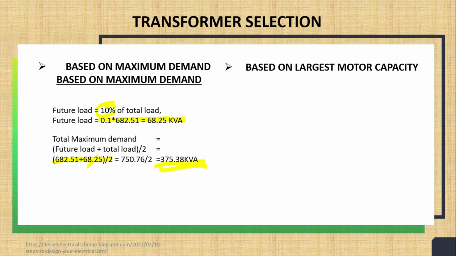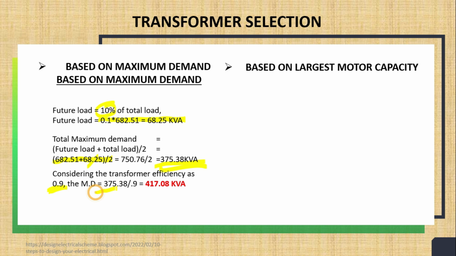375.38 kVA. Now we all know that the transformer has an efficiency and it is very close to 100%, but for safety we take it as 90%. So in order to select the transformer, we have to consider the transformer efficiency into account.